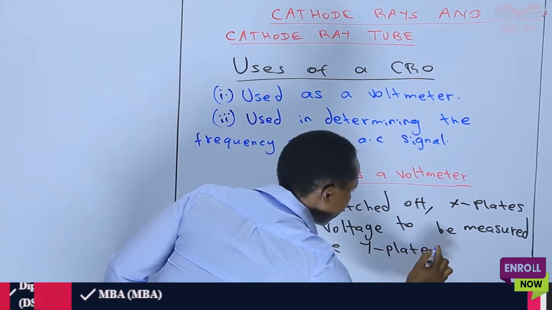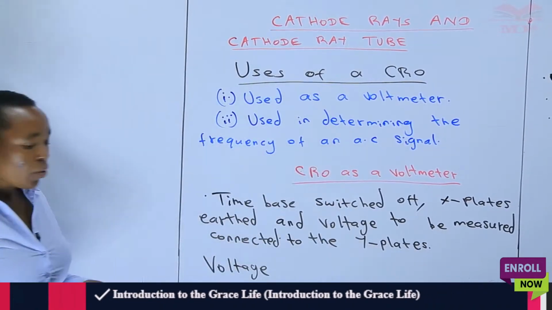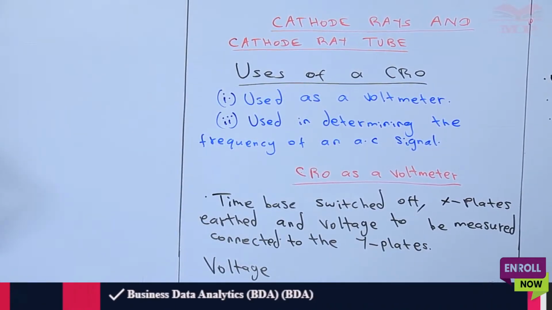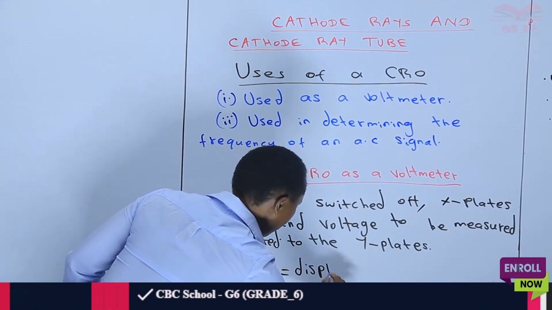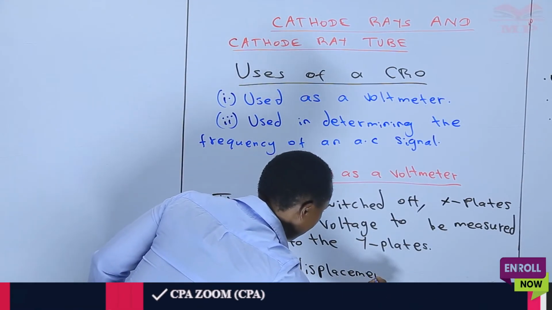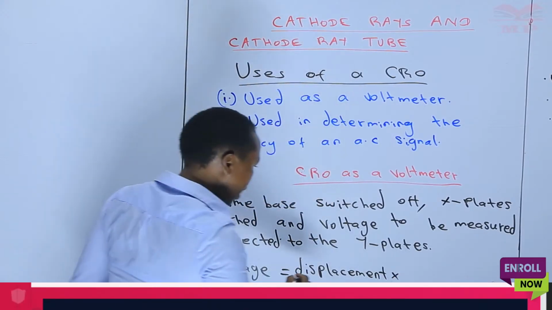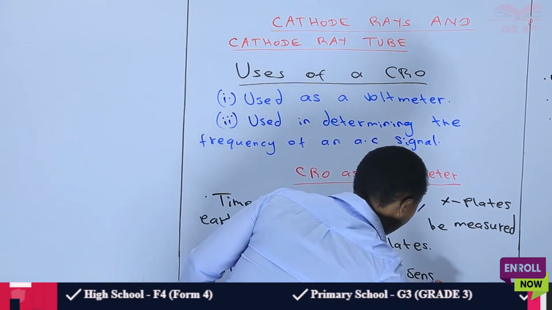These are the Y plates. Remember we said there are two. The voltage will be given by the displacement multiplied by the sensitivity.